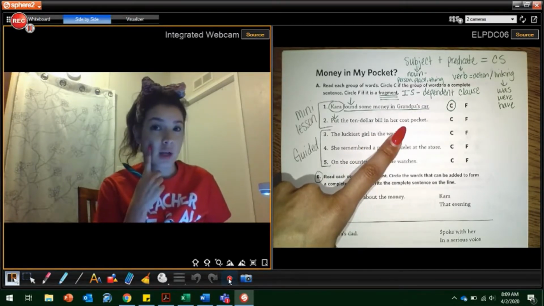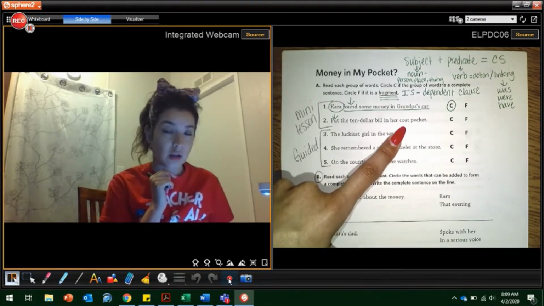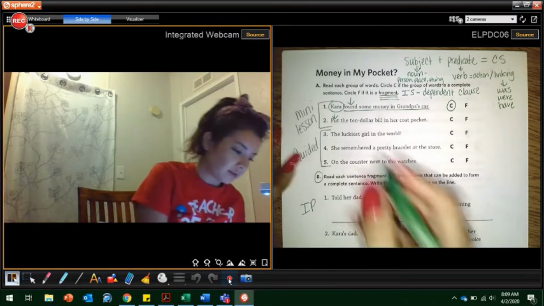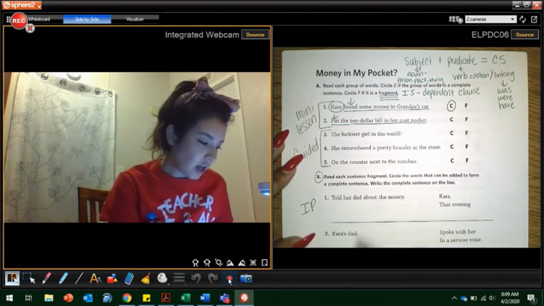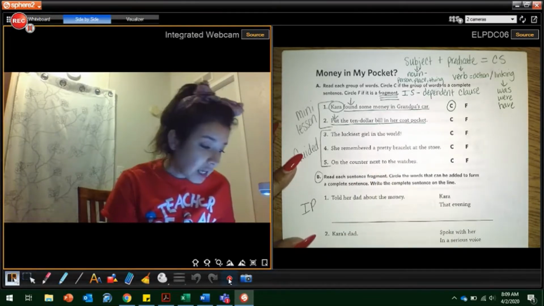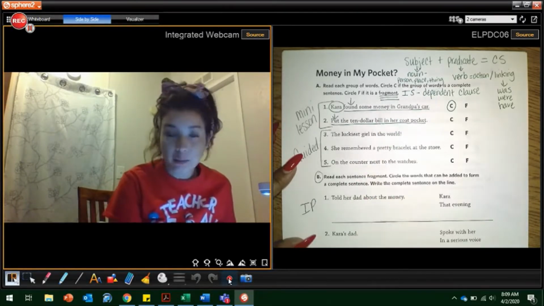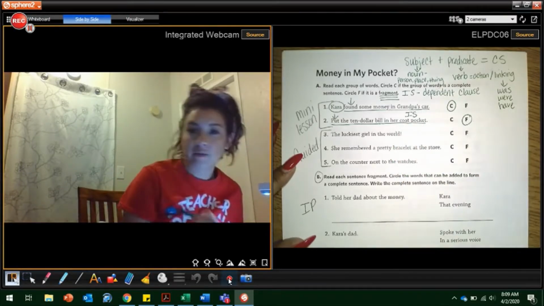That's not giving me a complete thought. That's missing a part. What part do you think it's missing? If you said subject, you're correct. So this is only my predicate, and therefore it is a fragment. It is an incomplete sentence. So I would circle F for fragment.